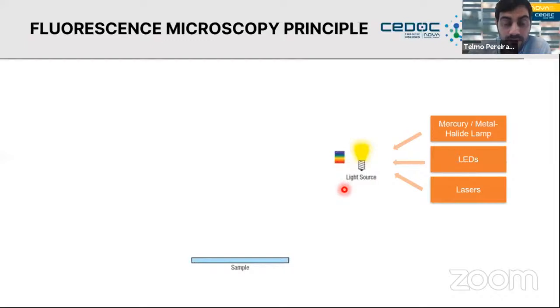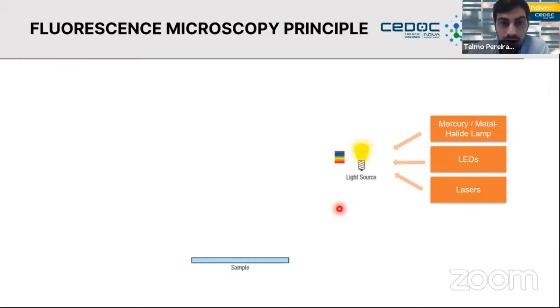In the light source department, if we have, for example, a mercury lamp, this light contains multiple wavelengths, so it's a polychromatic light.